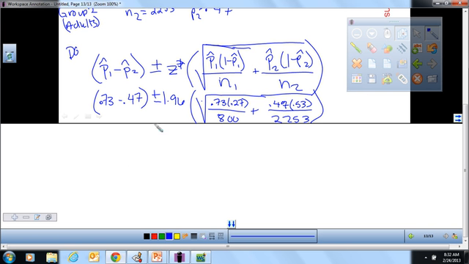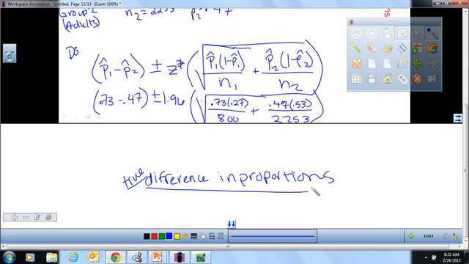Then you add it and subtract it to get a confidence interval, and you interpret it just like we did before, but now it's on the difference, so the population difference in proportions. You're going to restate what you did in the state part anyways.